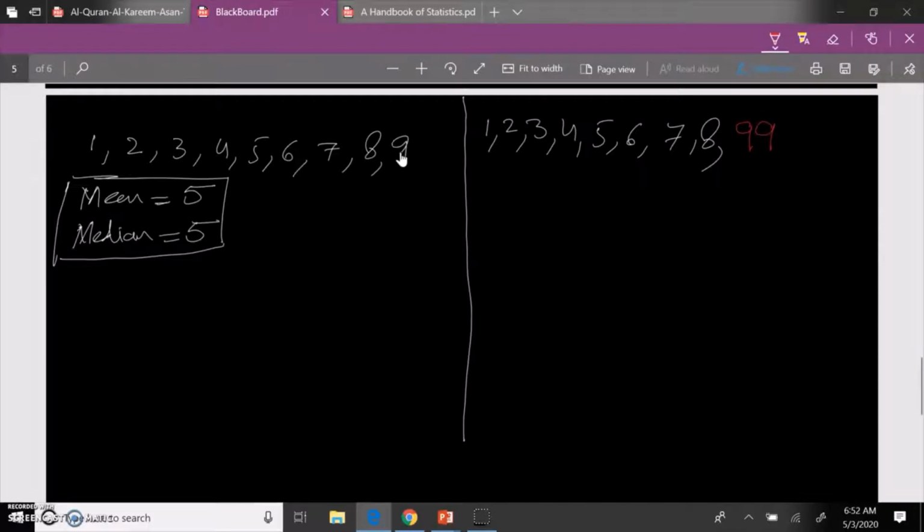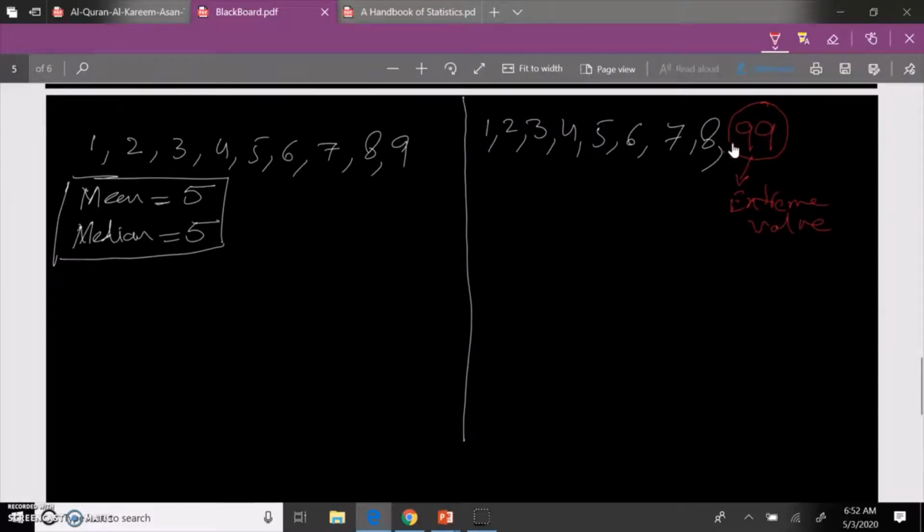Here I have a 9 in the first data set, and here I have a 99. This value 99 is called an extreme value. Why is this called an extreme value? Because this value is way ahead as compared to the rest of the data values.